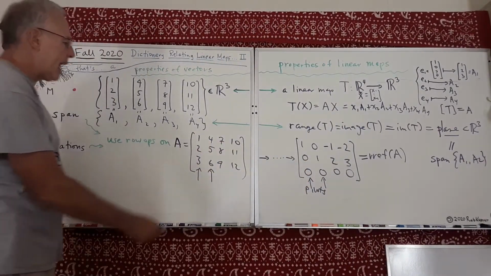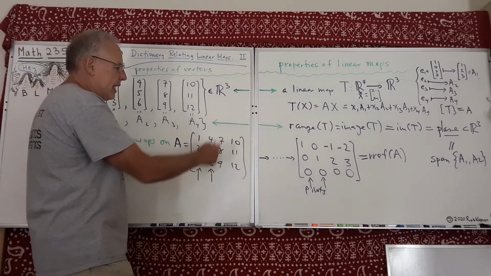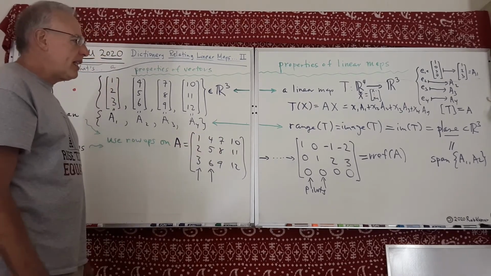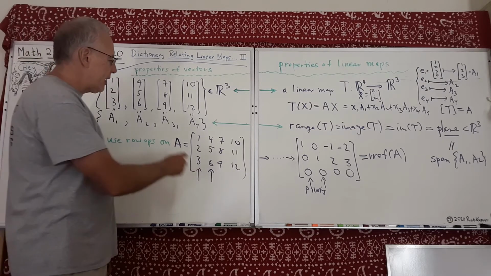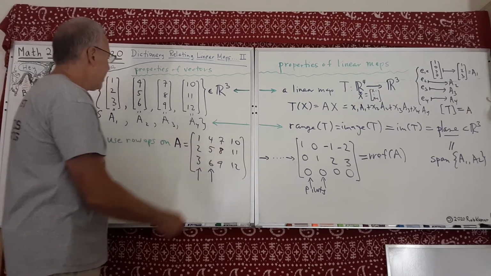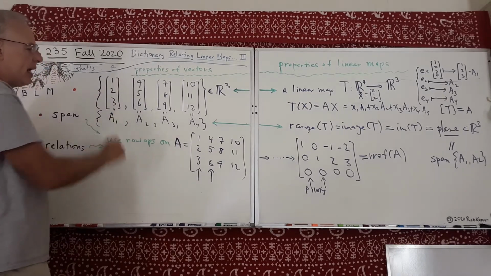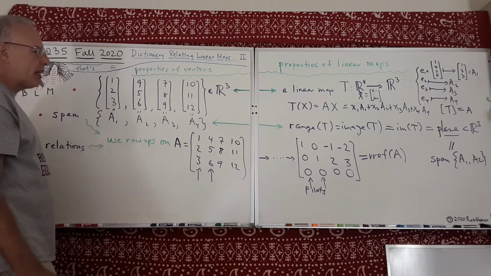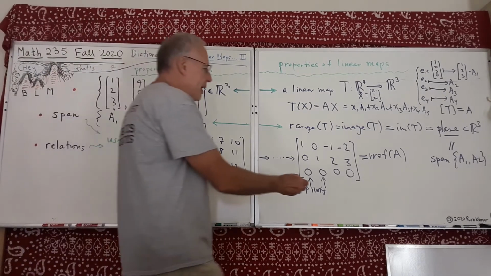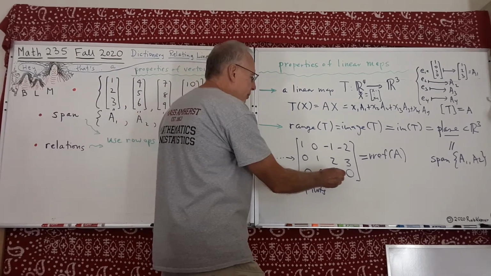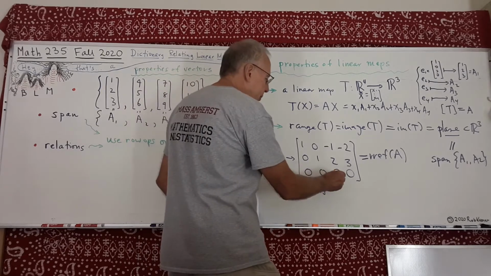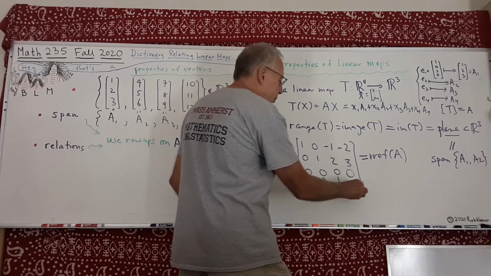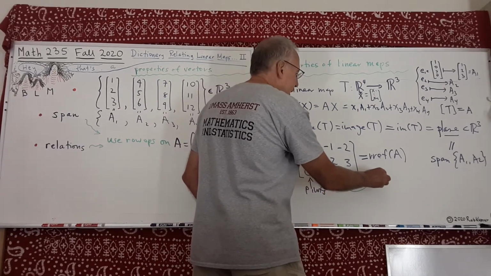So what happened to the vectors A3 and A4? Well, the vectors A3 and A4 actually could be written as linear combinations of A1 and A2. In fact, we can read them off directly from this. We can read off a linear relation.